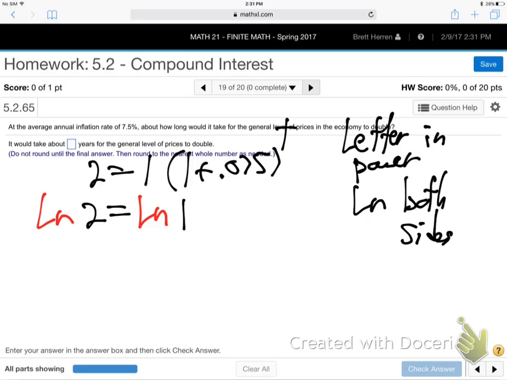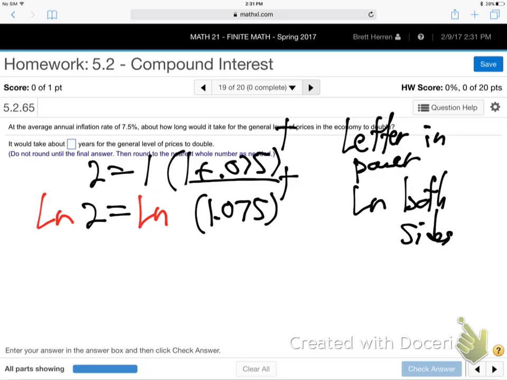And 1 plus 0.075 is just 1.075, right? Oh, and that 1 times, can I just get rid of that? 1 times anything is just itself. That's not doing anything, right? Okay, I clean it up a little bit like that.